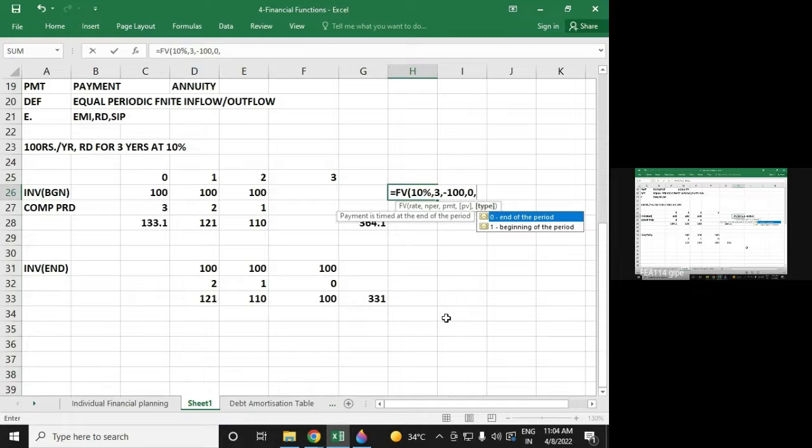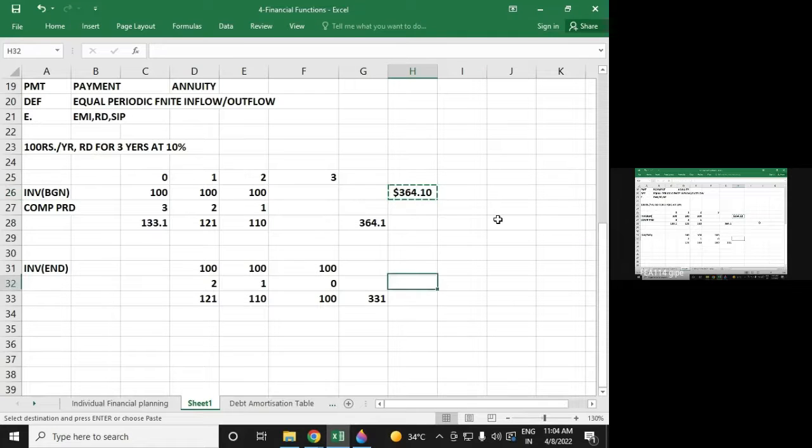Here we will have to define whether it is at the beginning of the period or at the end of the period. अगर beginning है तो आपको लिखना है type 1, end है तो लिखना है type 0. So you will see the same answers will get computed if I properly put the type. So type is 1 for beginning of period, and type is 0 for end of period.